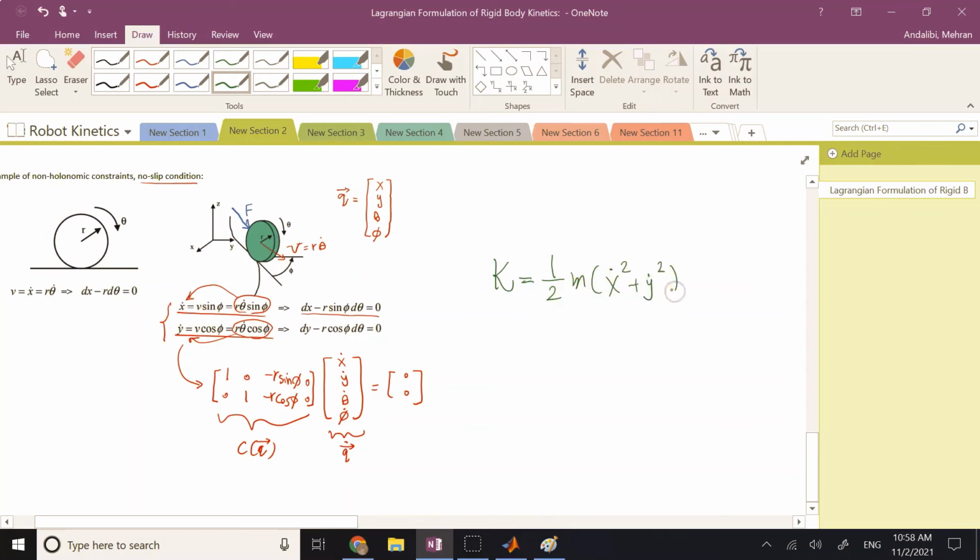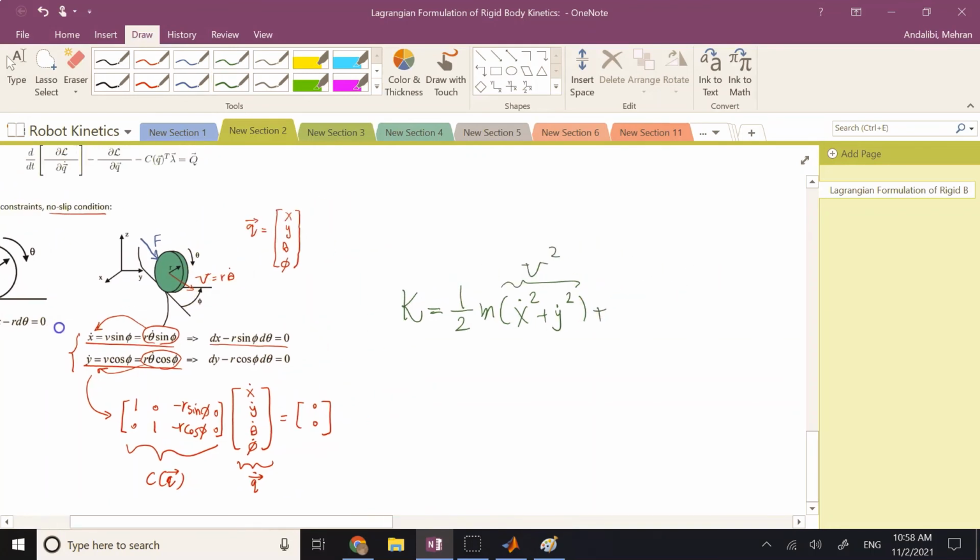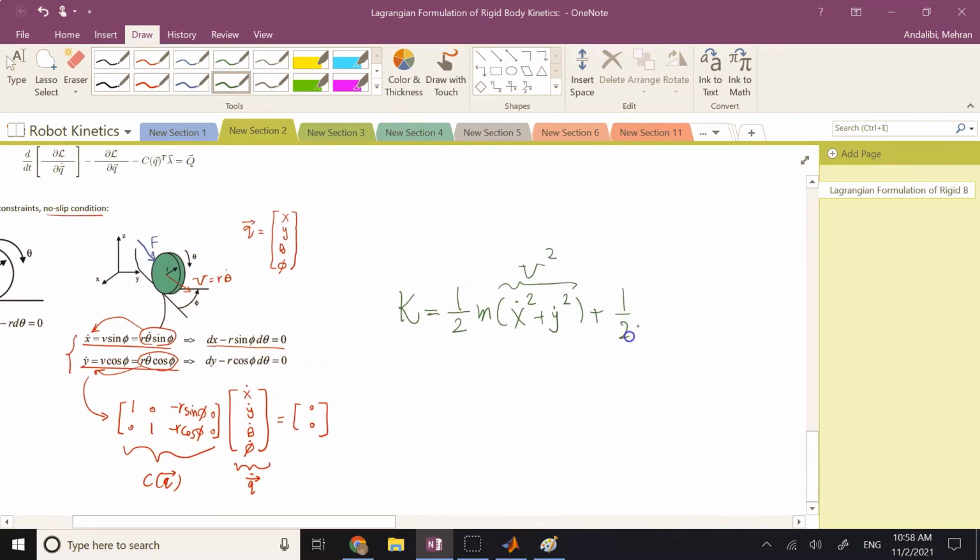This is 1/2 m v squared. And then it has 2 rotations, theta and phi, so each one has its own rotational term. So it's going to be 1/2 I times theta dot squared, and then plus 1/2 J times phi dot squared.